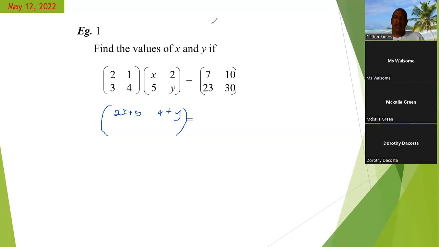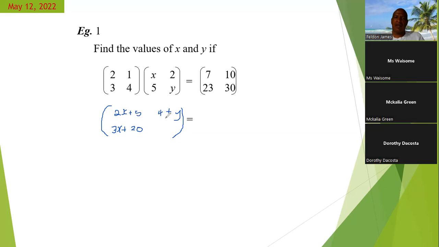All right, in the row below, for the first element we are going to use the second row with the first column. So 3 times x gives you 3x, plus 4 times 5, which is 20.